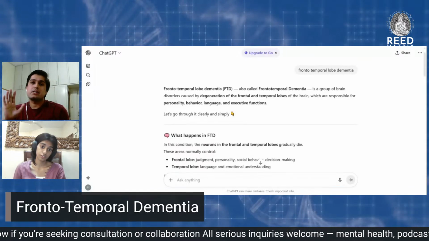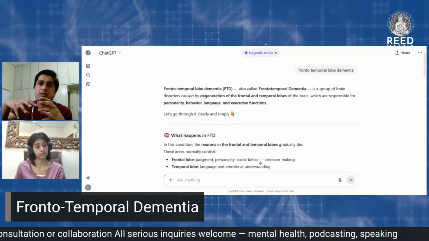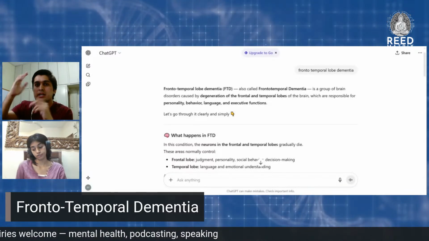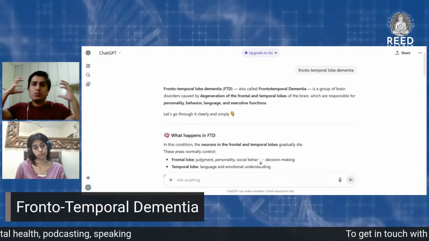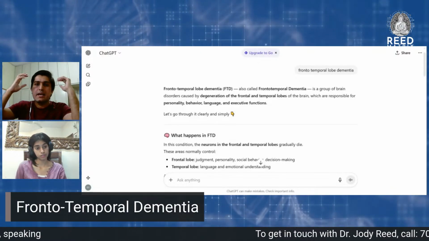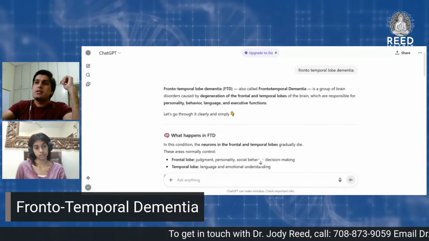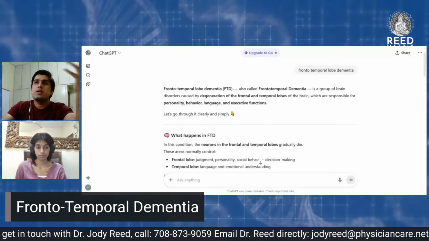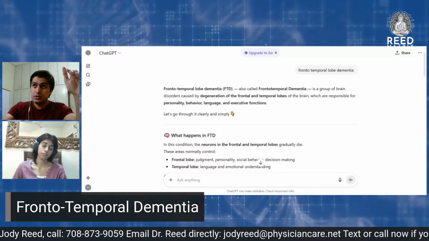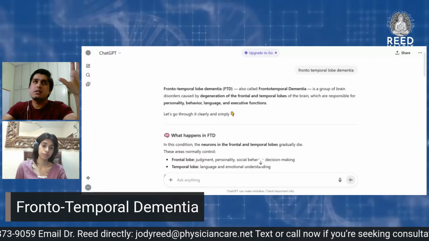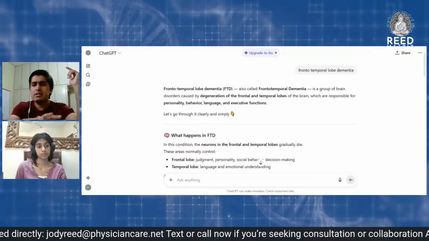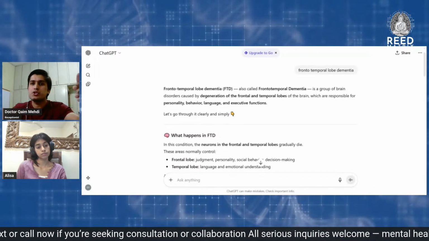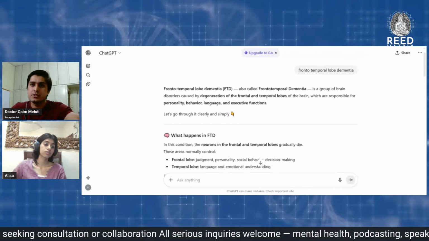First of all, I would tell that we characterize the brain in four different regions: frontal region, parietal region, temporal regions, like there are two temporal regions on both sides of your head, and an occipital region. We are talking about frontotemporal region, and to give you an idea, the frontal region deals with the cognitive abilities of a person, while the temporal region deals with emotional intelligence and language comprehension.